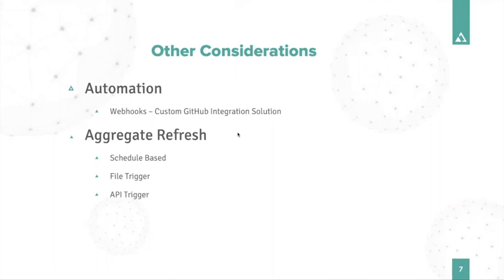The third one, which is more enterprise, is the API trigger, where you are able to use the AtScale APIs to refresh aggregates. So once your data load is complete, you can use the AtScale APIs to trigger the aggregate refreshes.